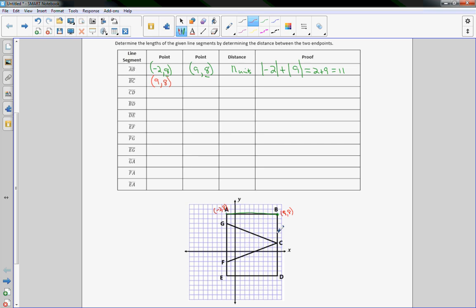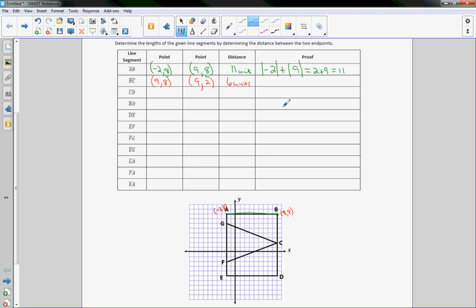To save time counting, I now know C is 9 units to the right, but C is only up 2. So now the difference is in my vertical differences, my y values; my x values are the same. So from 2 to 8 is a distance of 6 units.